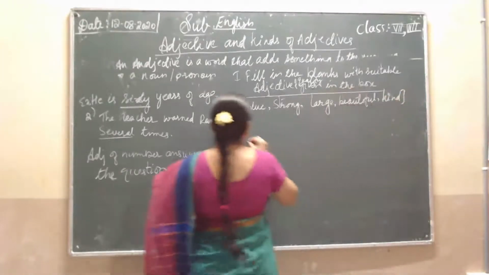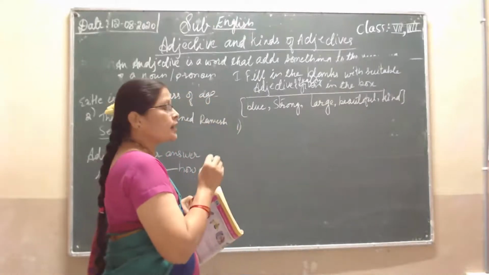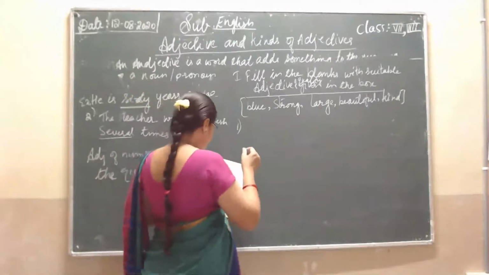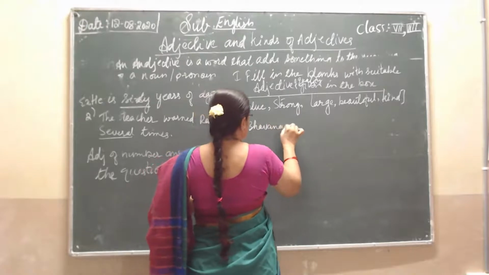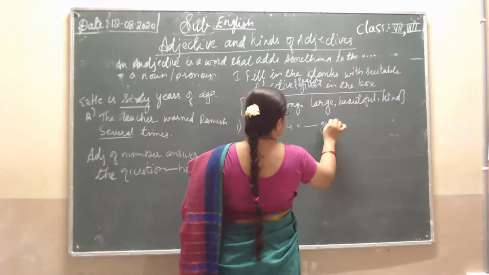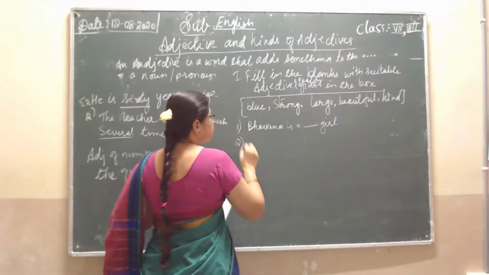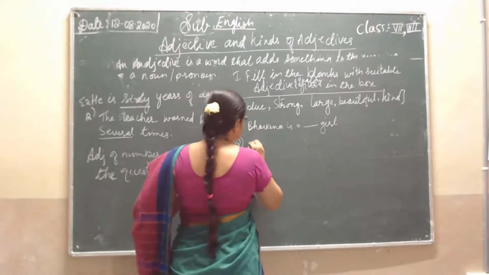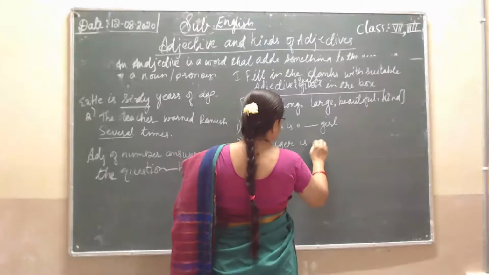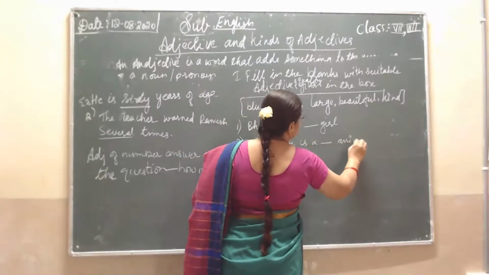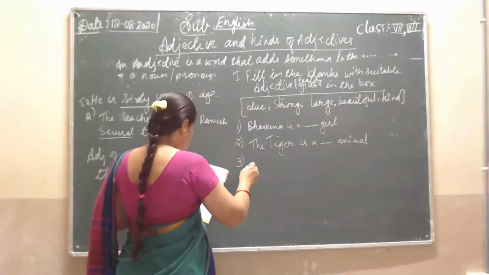Five options I have given and I will be giving you five sentences. Choose the correct adjective and fill the blank with it. Bhavana is a dash girl. Then comes the second one. The tiger is a dash animal. Choose the option from the box here and fill the blank.